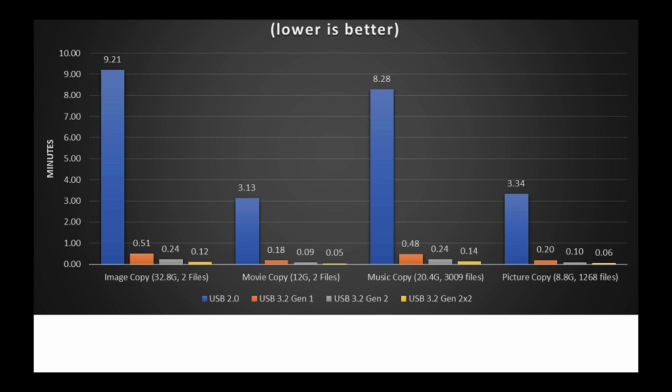Now, if you are thinking to use an M.2 SSD card with a USB enclosure to use it as an external drive, then you need to understand a few things. In this bar chart, I have given a comparison of data transfer between USB 2.0, USB 3.2 Generation 1, USB 3.2 Generation 2 and USB 3.2 Gen 2x2. In our discussion, I have considered only USB 3.2 Gen 2 and USB 3.2 Gen 2x2 because the rest of the USB generations are obsolete or going to be obsolete very soon.